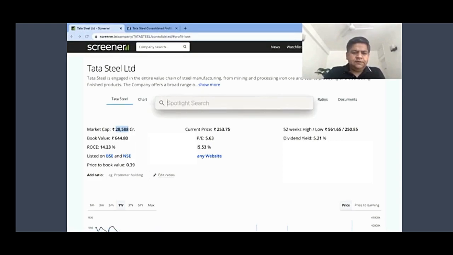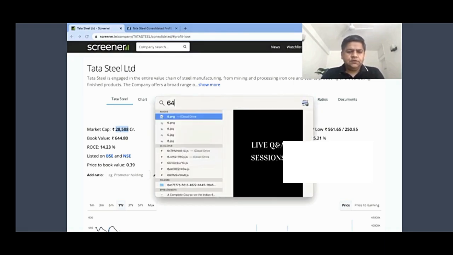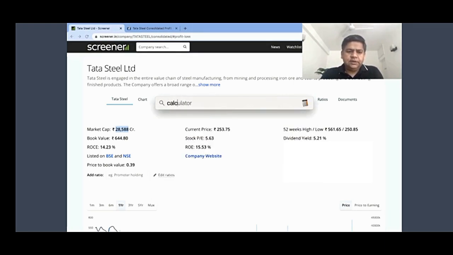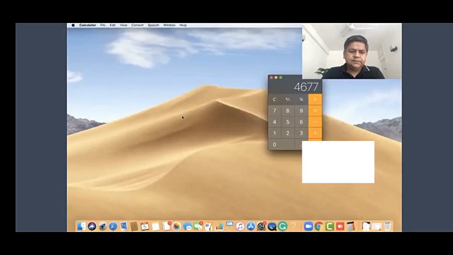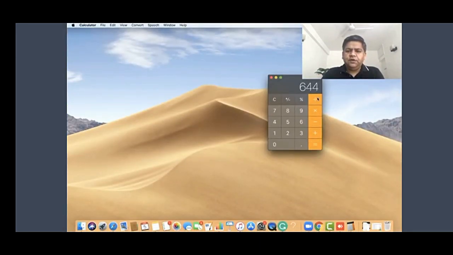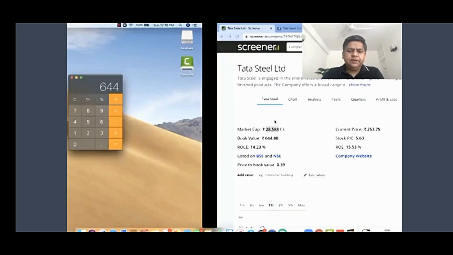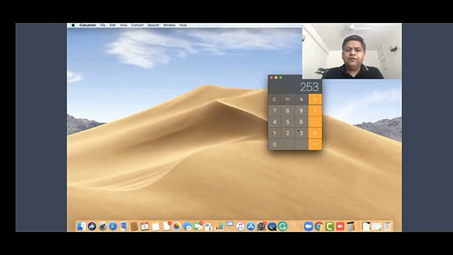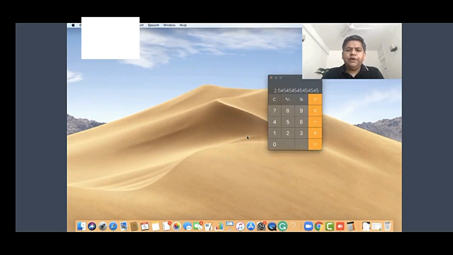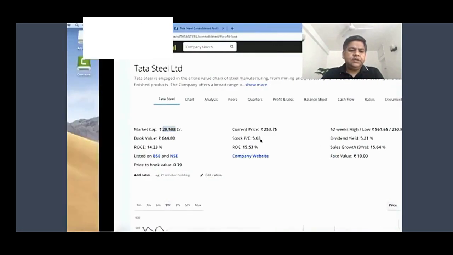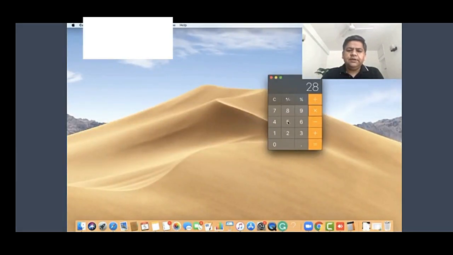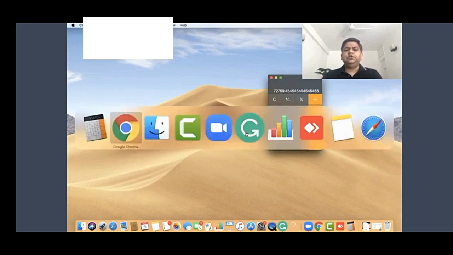On the calculator, 644 divided by 253 is 2.54, into 28,588 crore, which is like 72,000 crore.